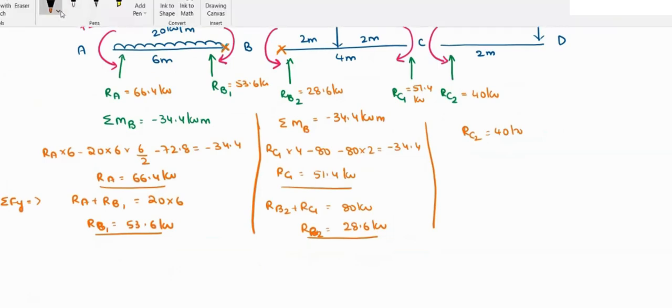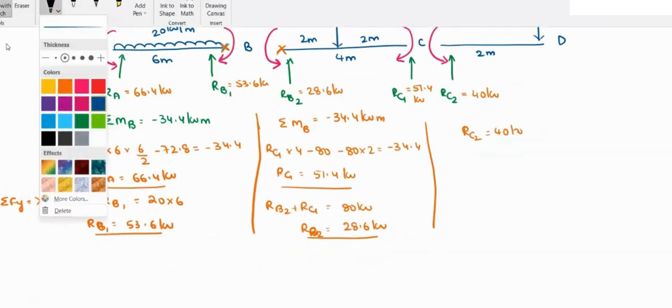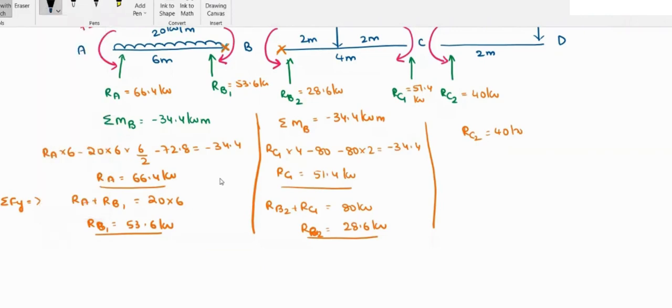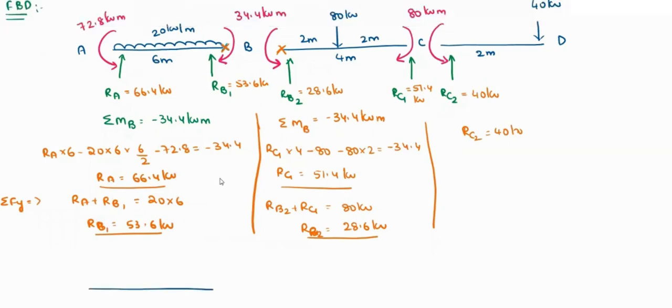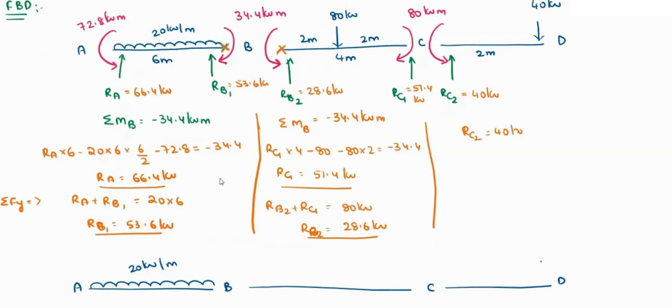So here we'll just draw. For this, you are having 20 kilonewton per meter. So this is A, B, C and D. Here for CD it is 40 kilonewton and for BC it is 80 kilonewton, and this is 2 meters, 2 meters, and here also you are having 2 meters, and for AB it is 6 meters.